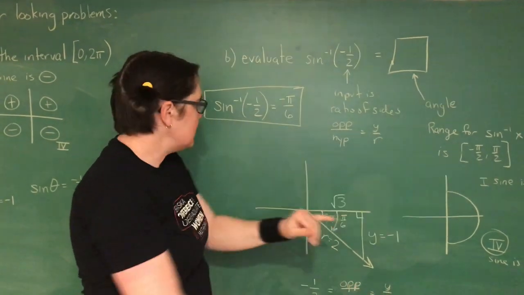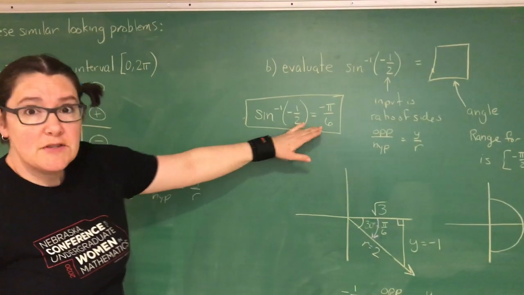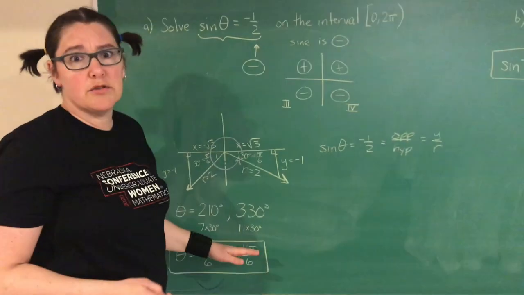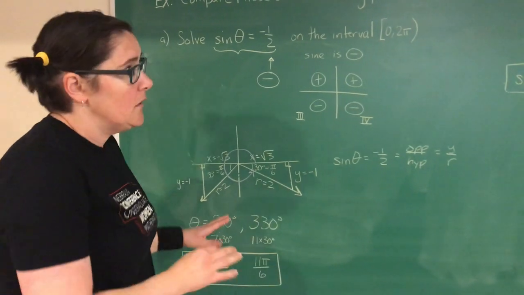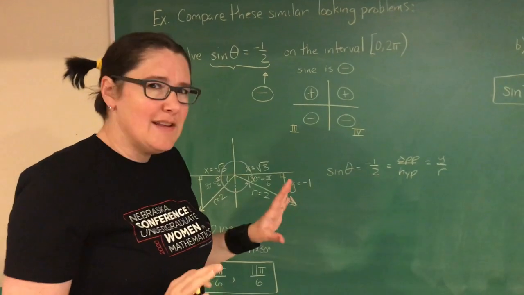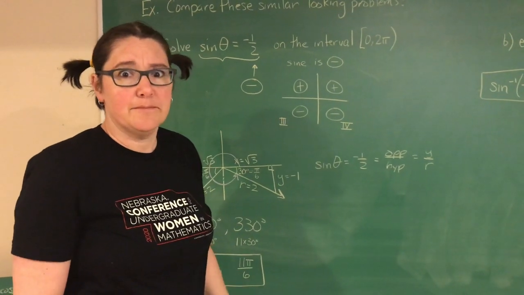Because it's clockwise, we have a negative value there. So negative pi over 6 and 11 pi over 6 are not equal angles, but they are coterminal. All right, so take a minute and think about why these guys are different. If you're not sure, shoot me an email and ask again.